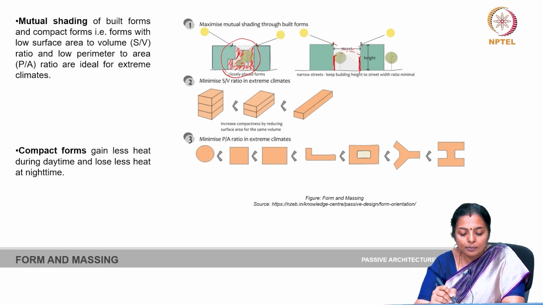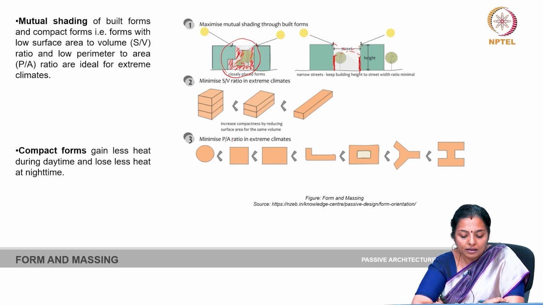You should also minimize surface to volume ratio in extreme climate, because when you increase compactness by reducing surface area to the same volume, you get a better result. You can also minimize P by A ratio in extreme climates.